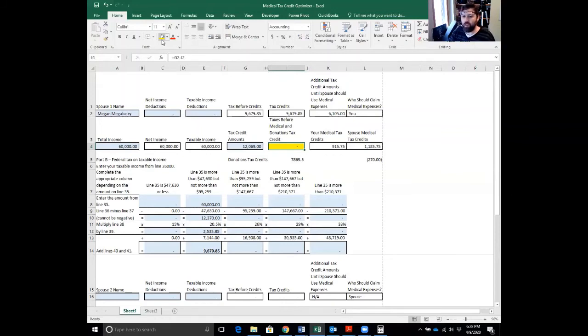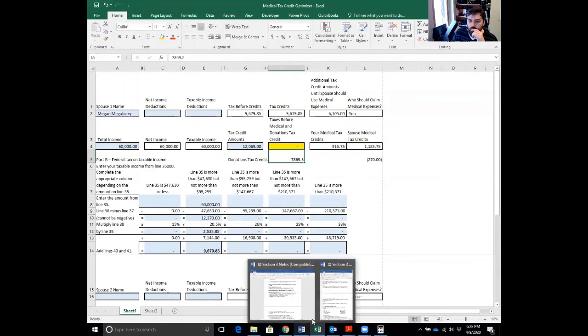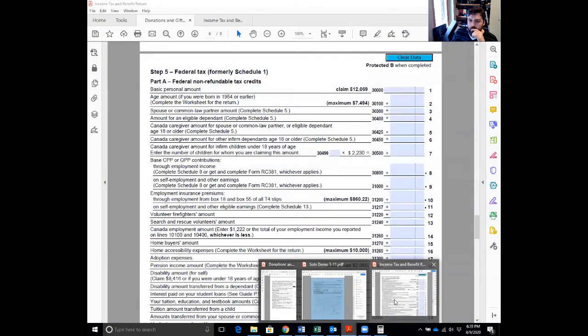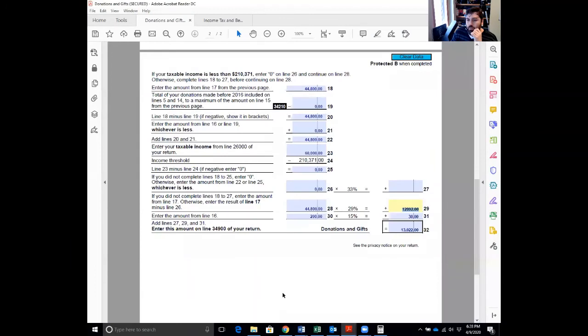But let's say, if I only claim 7,869, but I could have claimed more. Let's look at our form here. So here's our $30. We can claim that.